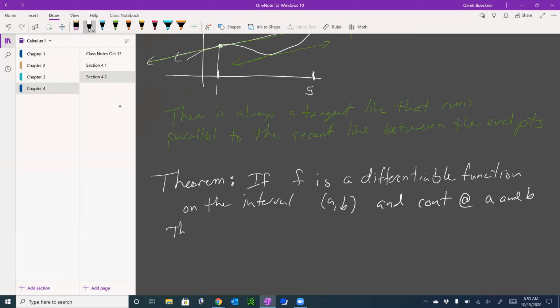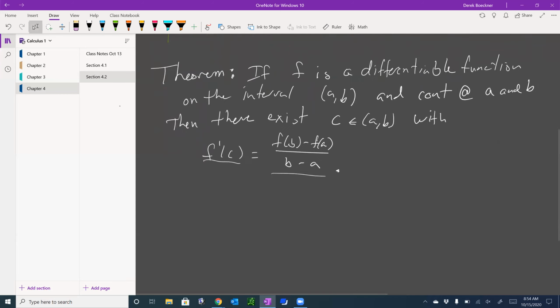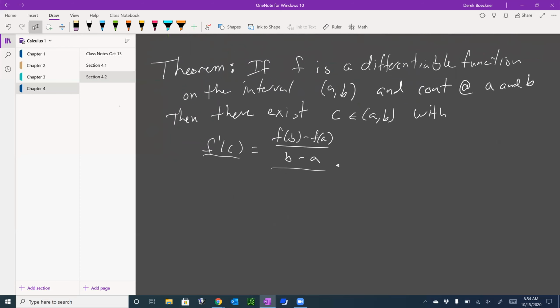Then there exists C inside that interval, AB, the interior, with f prime at C equal to f of B minus f of A over B minus A, right? The slope of the tangent line at C is equal to the slope of that secant line. That's what this says. Okay. Rolle's theorem is a special case.